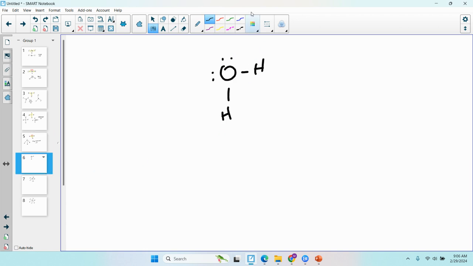So here is H2O as a Lewis structure. Okay. H2O as a Lewis structure looks really flat. Here's a bonding pair. Here's a bonding pair. Here's my lone pair. Here's my lone pair.